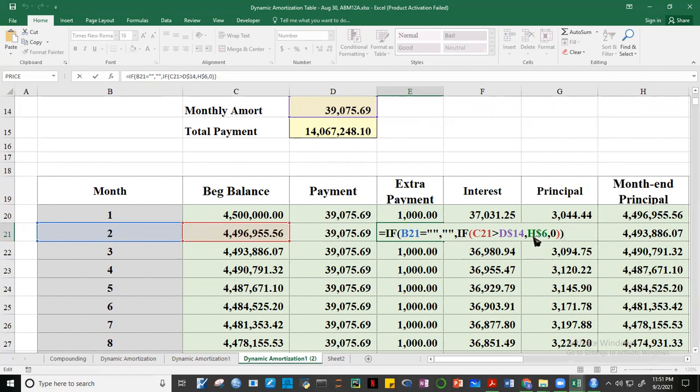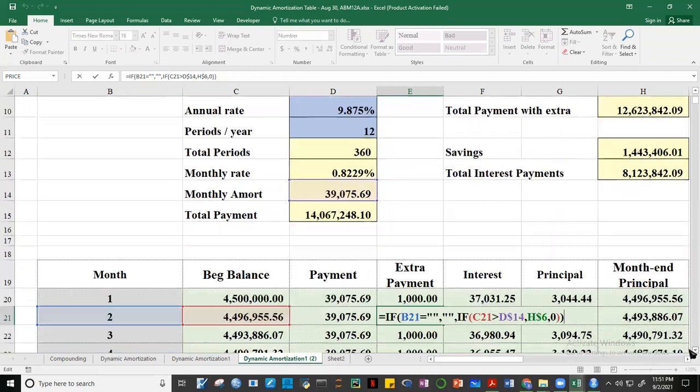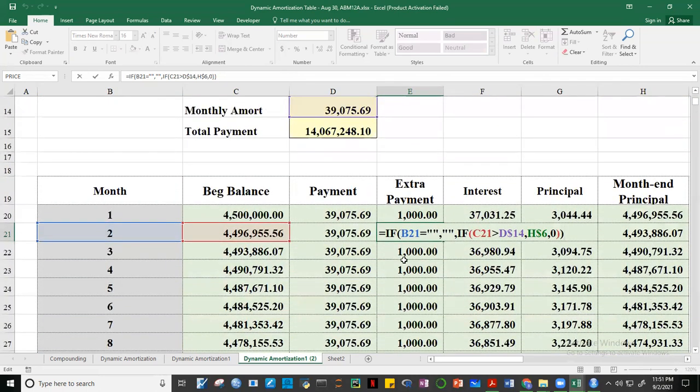Okay, this is H6, that's your extra payment. Otherwise, if your beginning balance is already less than your monthly amortization, then we should put 0 here. Do not make any extra payment.